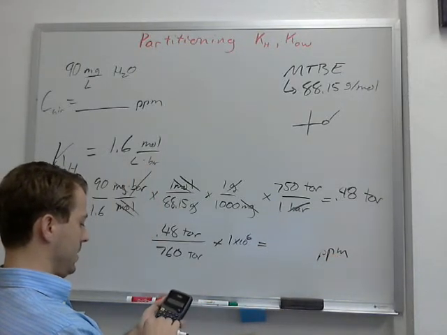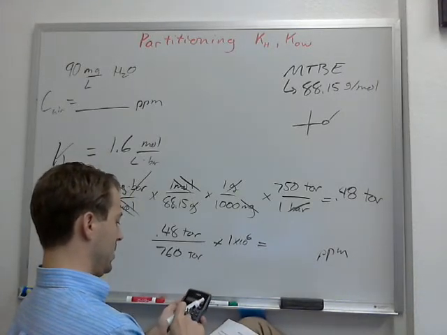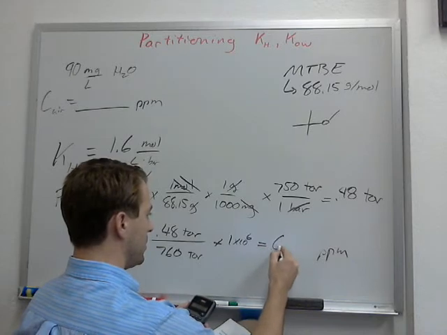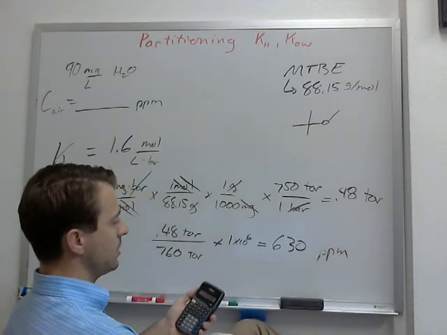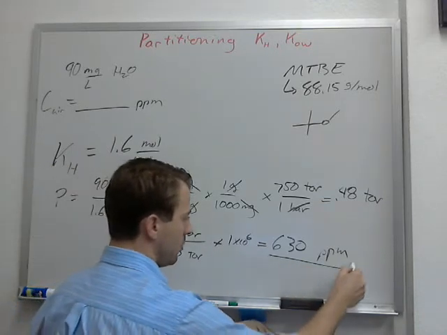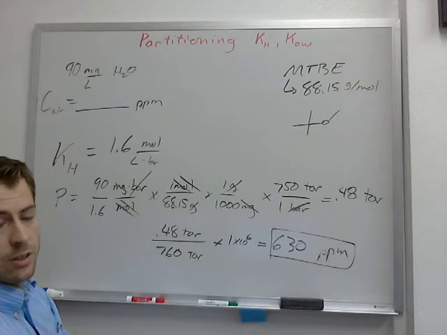So that divided by 760 and times 10^6 gives 629.7. So 630 parts per million will be our concentration in the air.